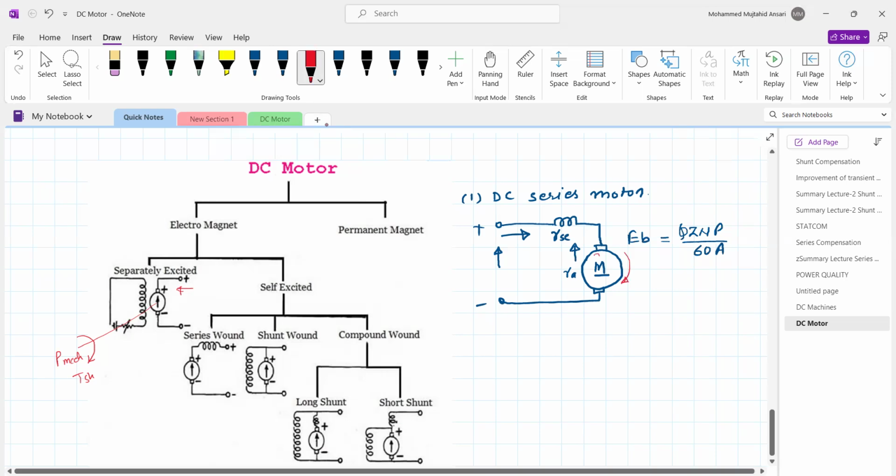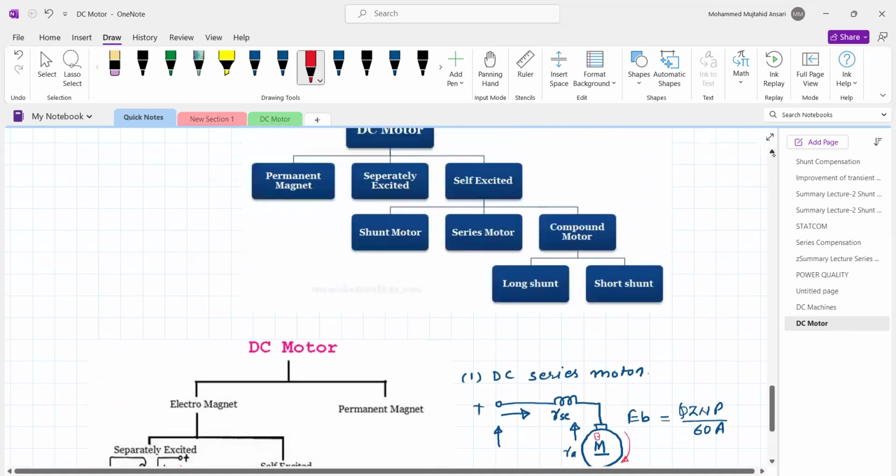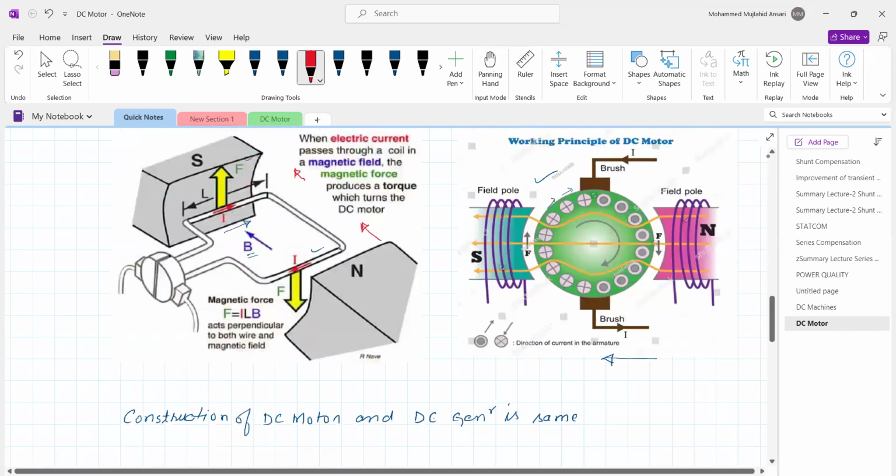Let the conductor have a direction of current. If you apply Fleming's right hand rule to know the direction of the EMF induced, we will take the same example: this is the current carrying conductor and the rotor is running in this direction.